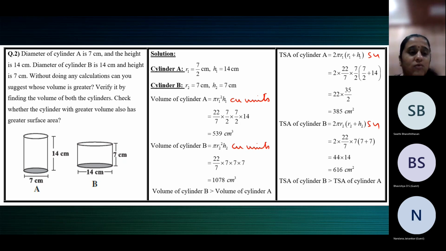So in both volume and surface area, the question is: check whether the cylinder with greater volume also has greater surface area. Is it true? The volume of cylinder B is greater, and correspondingly its surface area is also greater.